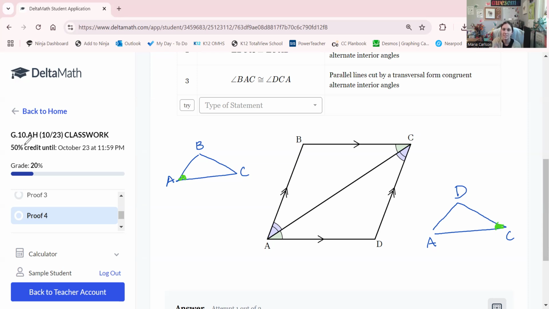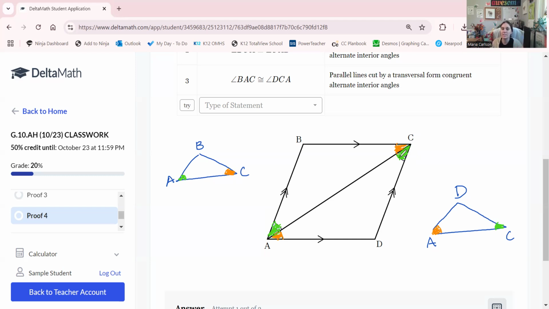And I know that C in our first triangle, ABC, is congruent to A in the opposite triangle. Just matching up what's in the diagram. So I have two angles. This seems like it's begging to be proved that they're congruent. These two triangles are congruent by angle, angle, side, or angle, side, angle.